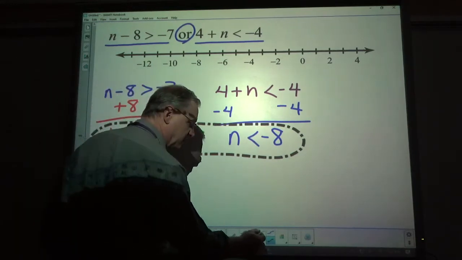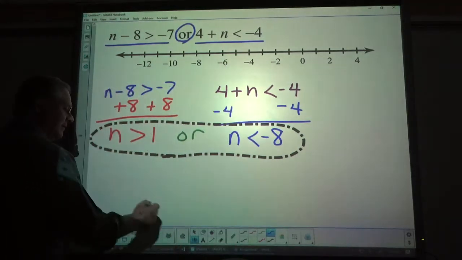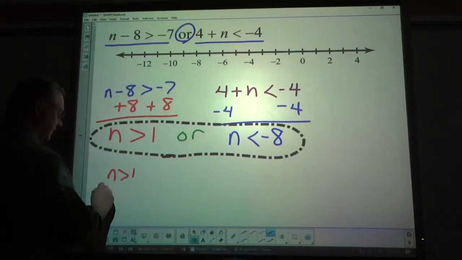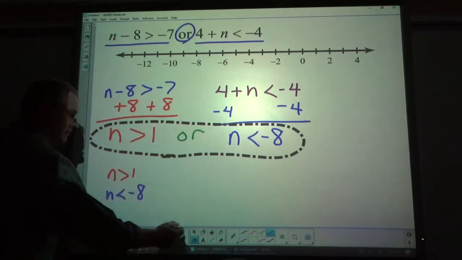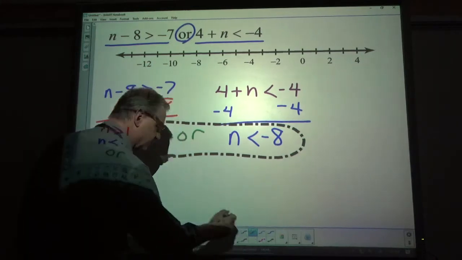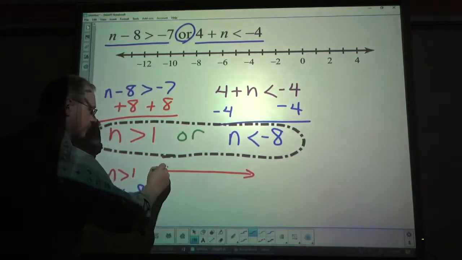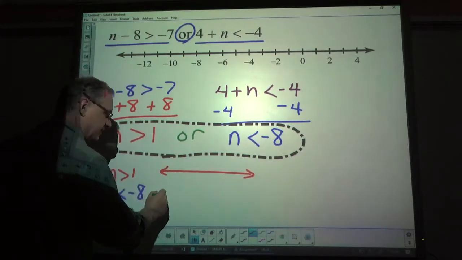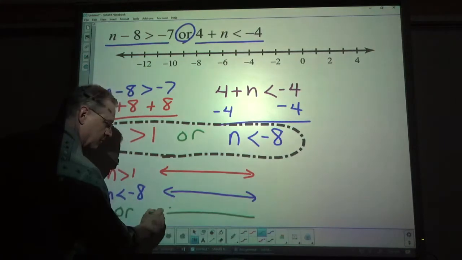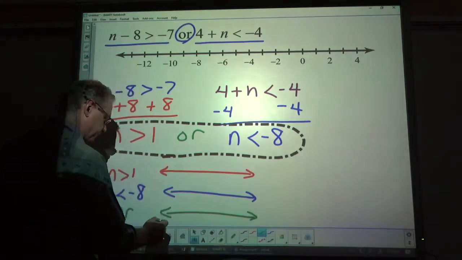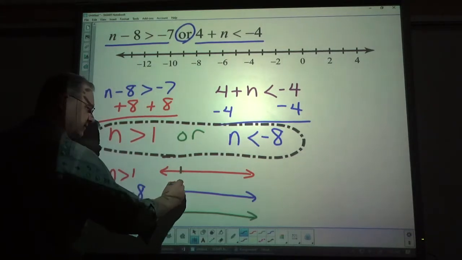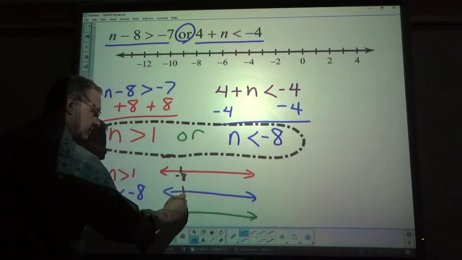Now, when I do my graph answer, I've got my n greater than 1, n less than -8, or; there's my 3 things. So here's, let's see, I want to do all of these. All right, so here is -8.